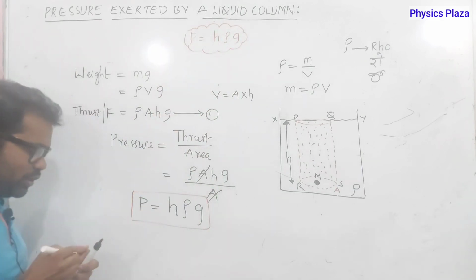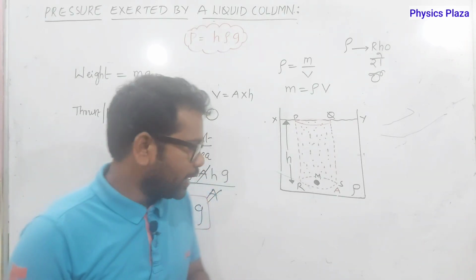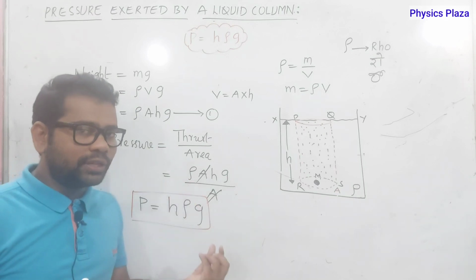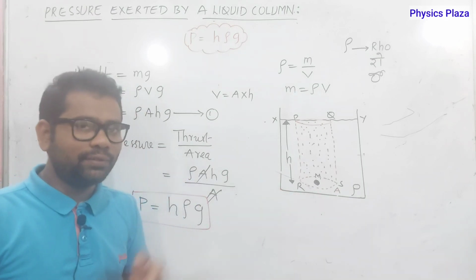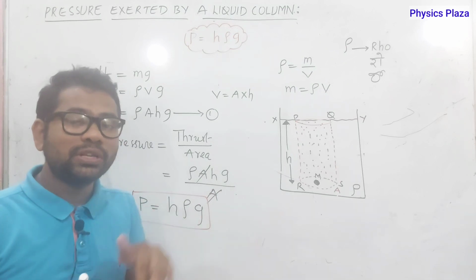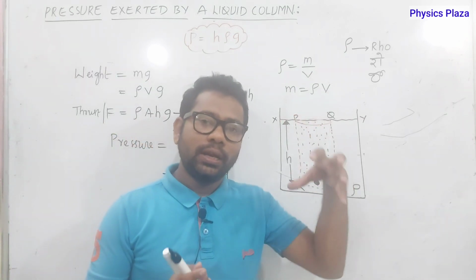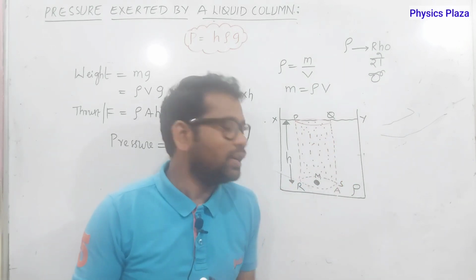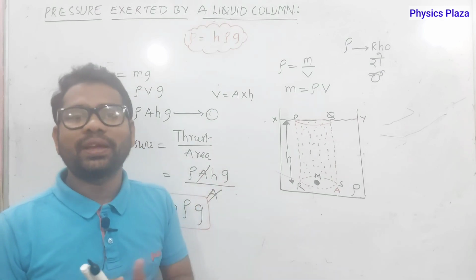Children, here the one surprising thing you can notice is that, can you find any term related to the area of the bottom of the vessel in which it is taken? No. So which means what here? The pressure exerted by the liquid column is independent of the area. This is very important.